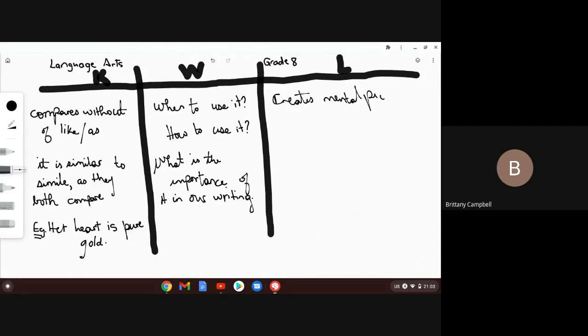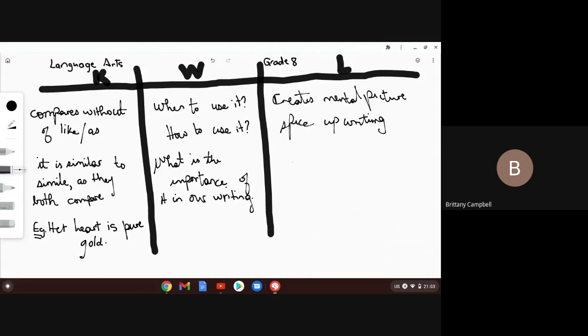All right, so it is used to spice up your writing. Yes, it is. So, spice up writing. Anything else? So you realize that the use of the metaphor is really important, right? It aids in understanding.